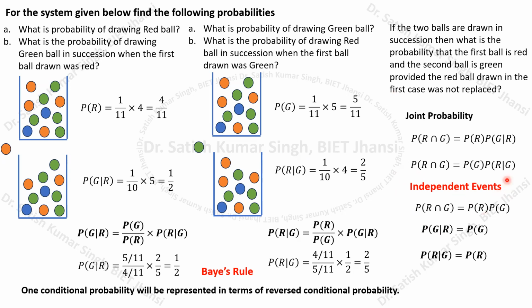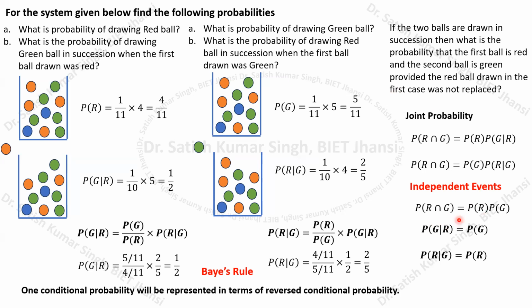So the meaning is that the second outcome is not impacted by the outcome in the first case. Okay. So whatever the first outcome may be, because the ball is again replaced, the system doesn't change, and therefore you cannot have any impact onto the probability of drawing that particular ball.